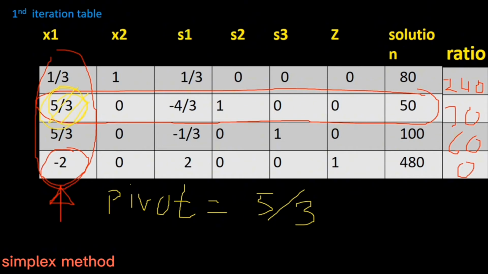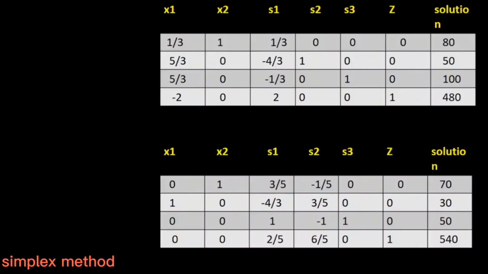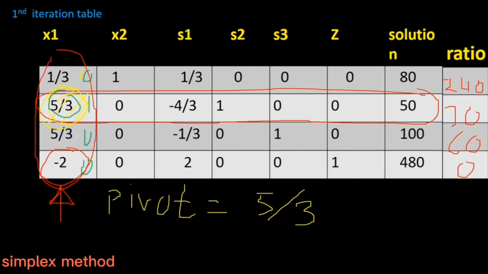Okay, our objective is to have a basis here that is 0, 0, 1, 0, 0. And to have a 1 here, we divide this by this entry that is 5 on 3. Okay, let's do it here. To have the new row 2, the pivot is at the level of row 2.